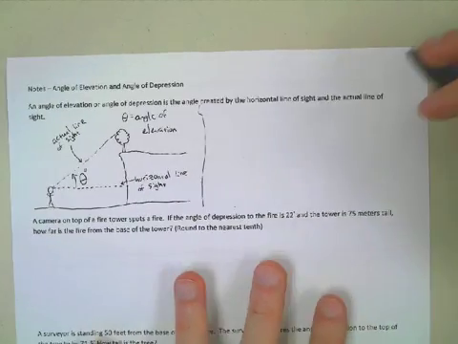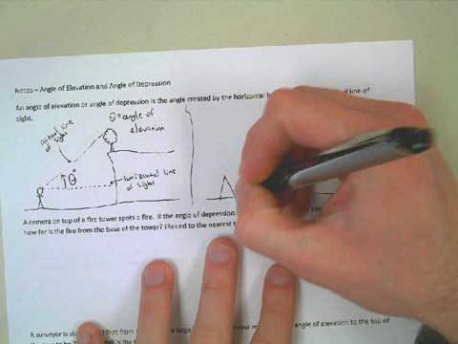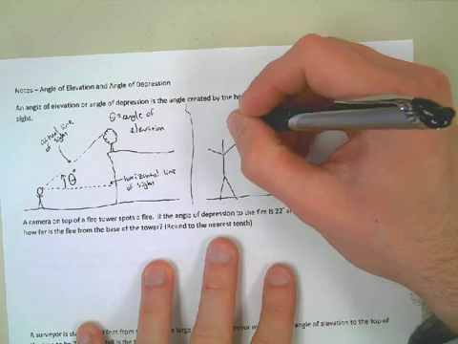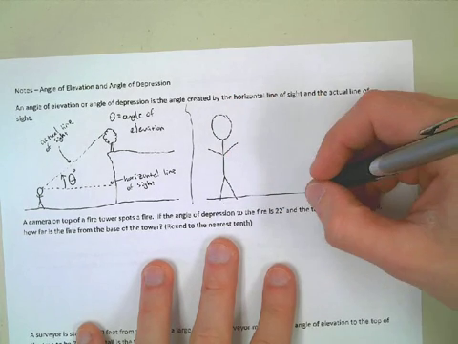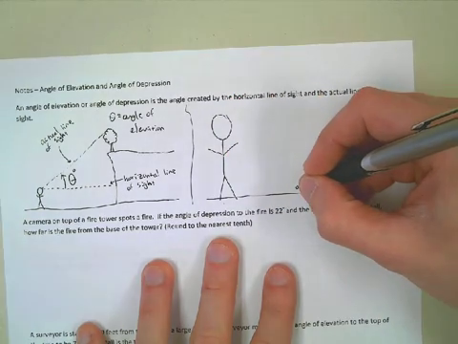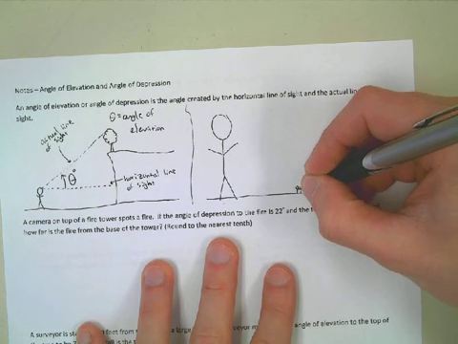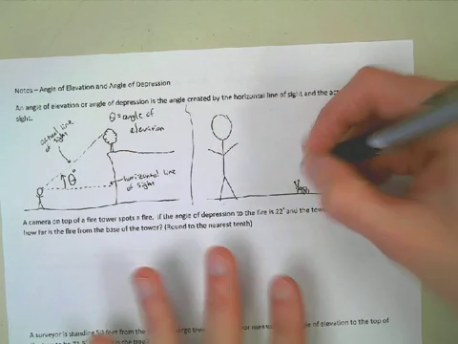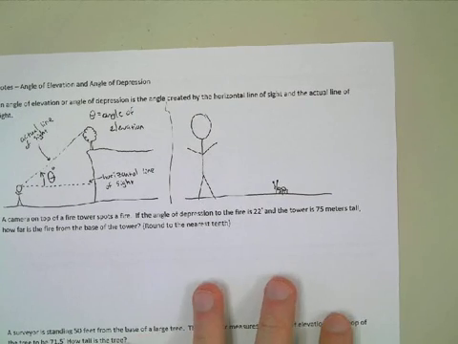So again, we'll draw the ground. I'm going to draw a bigger person now. In this case, we draw a big person, and we draw a little bug.